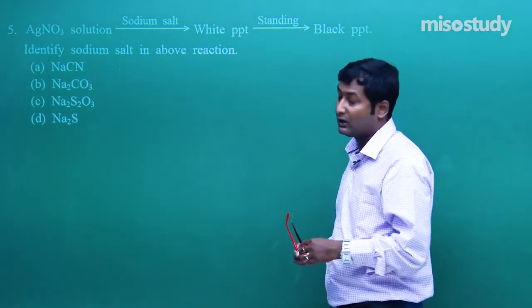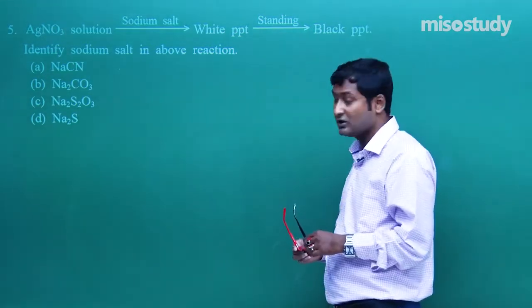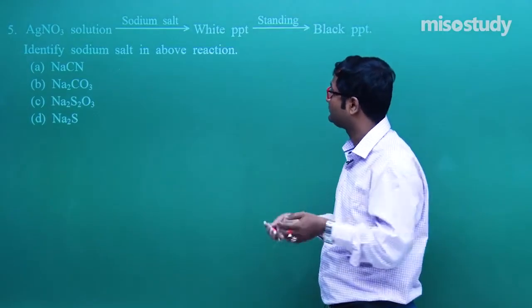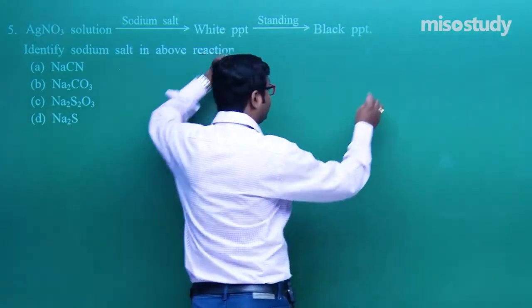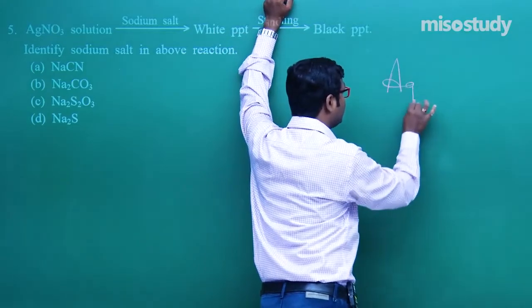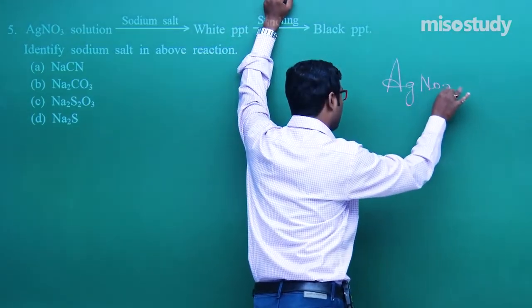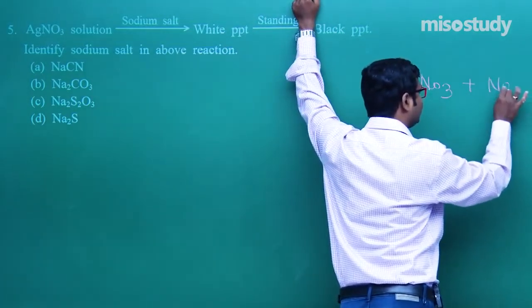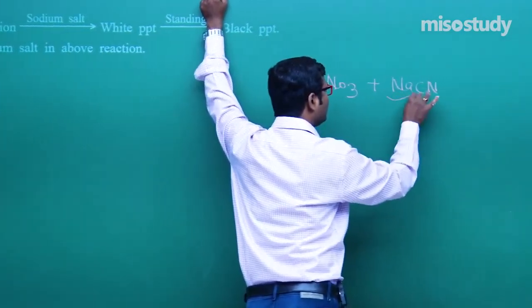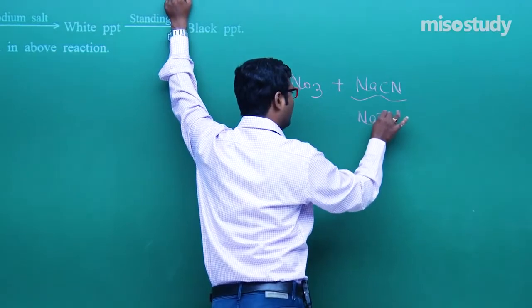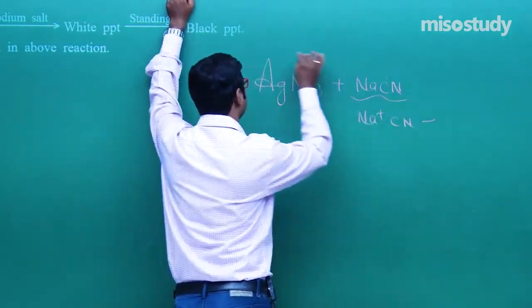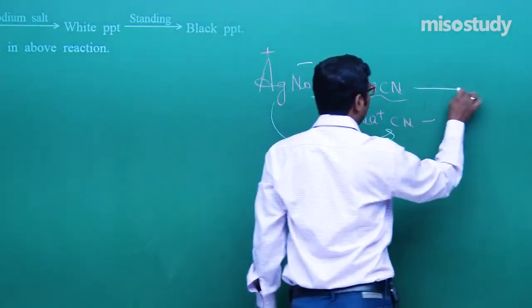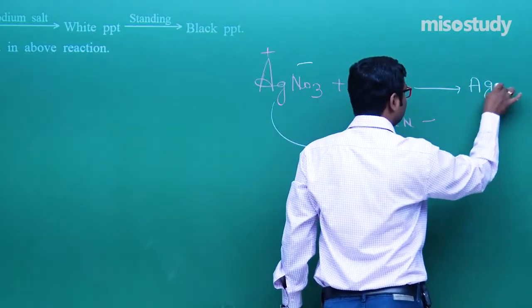So first of all, what we need to do? We have to check out the reactions, what will happen in this case. So let's start. The first one is AgNO3 treated with sodium salt. I am taking the first option, that is NaCN. It can be written as Na plus and CN minus. So it will form AgCN.